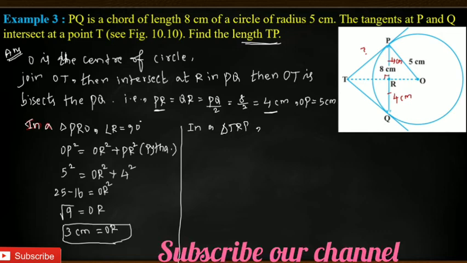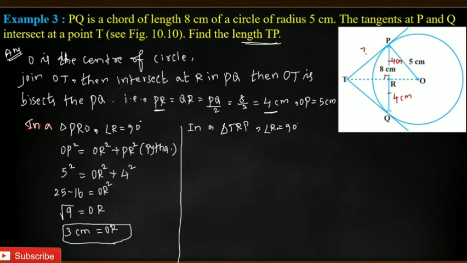So you just write here R is 90 degree. Now we know very well. Children, listen carefully. Let me draw that triangle alone here, because that white color is not visible for my pen.